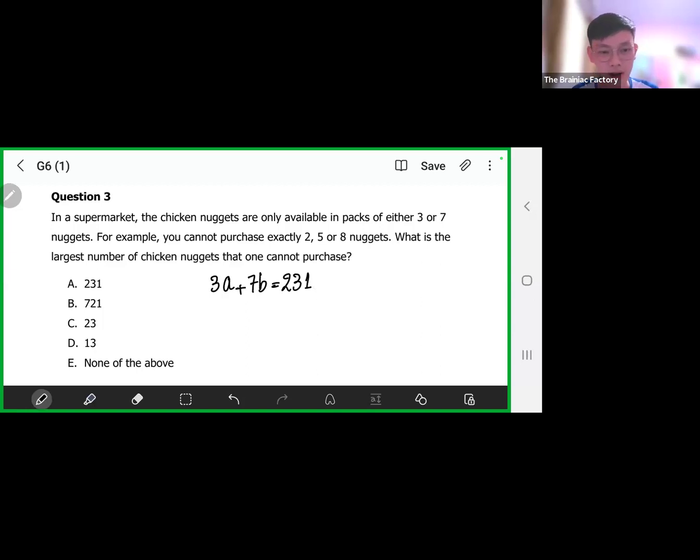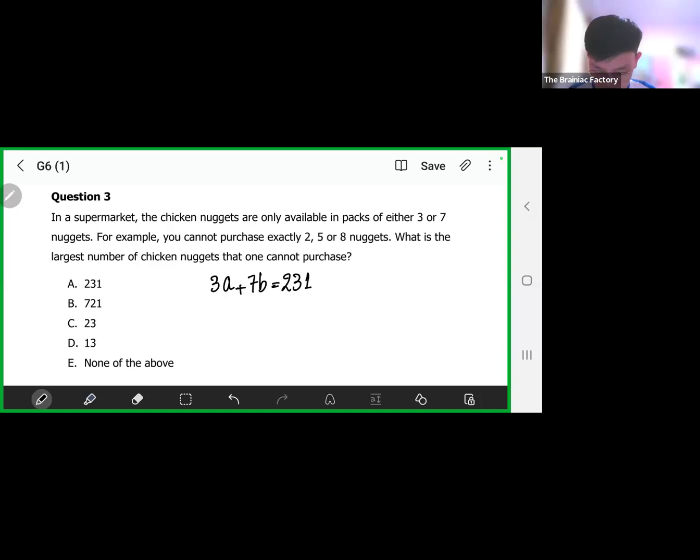Because each pack has 3 or 7 nuggets, so they could buy many of the 3-nugget packs, and they could also buy some of the 7-nugget packs. So we are going to find out whether A and B can both be integers.